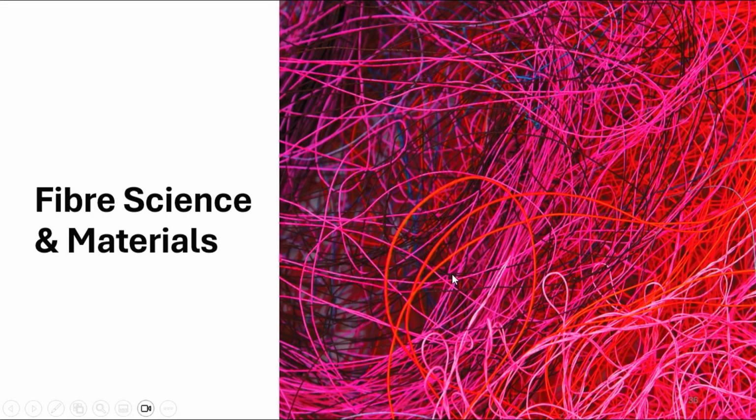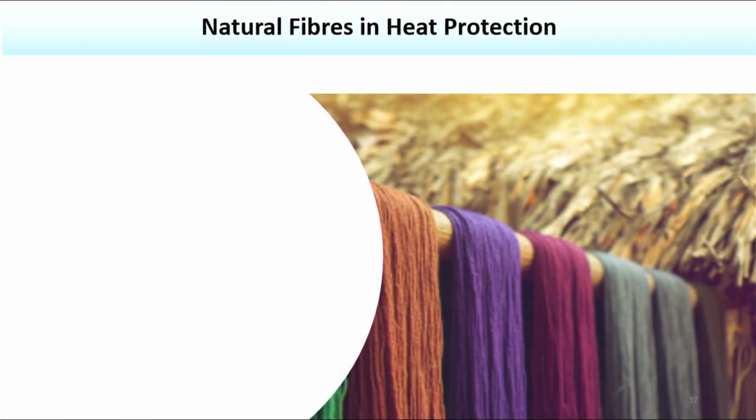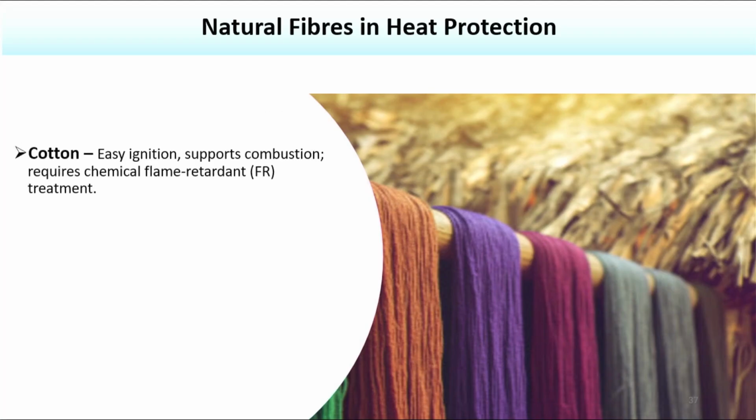Now, what are the modern fibers which are used for fire protective clothing? Natural fibers are still in use. Cotton fiber ignites easily and supports combustion, but with chemical flame retardant treatment, FR treated cotton is still in use.